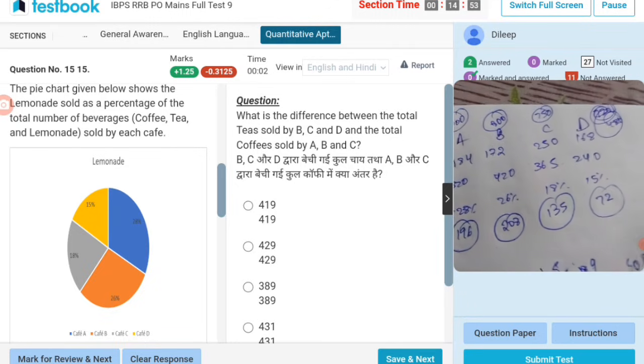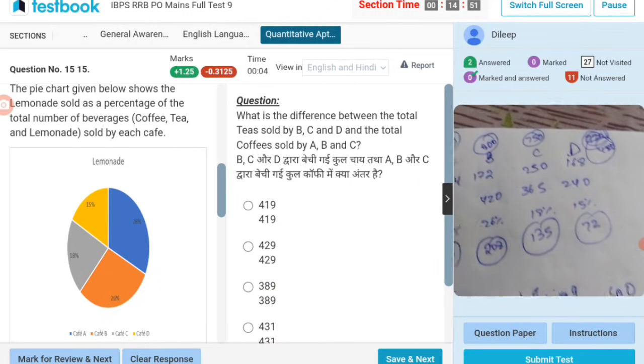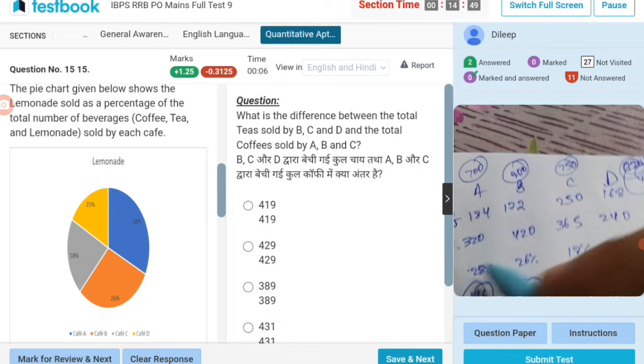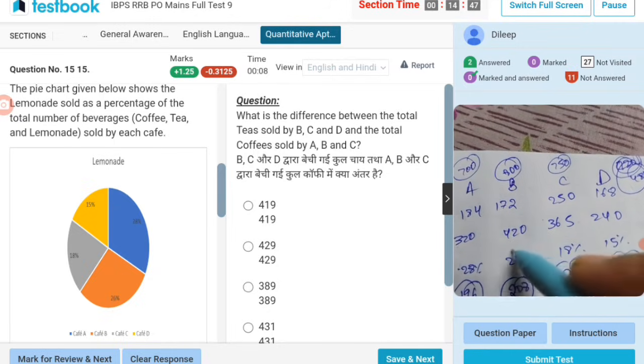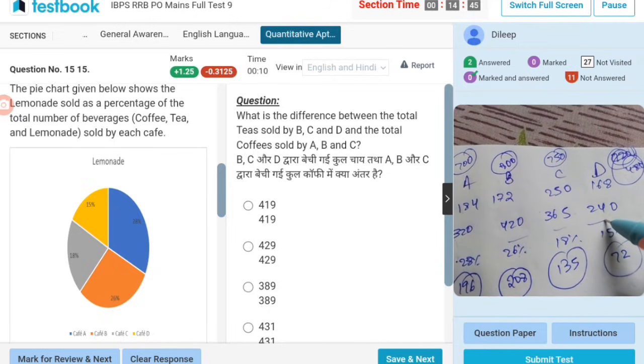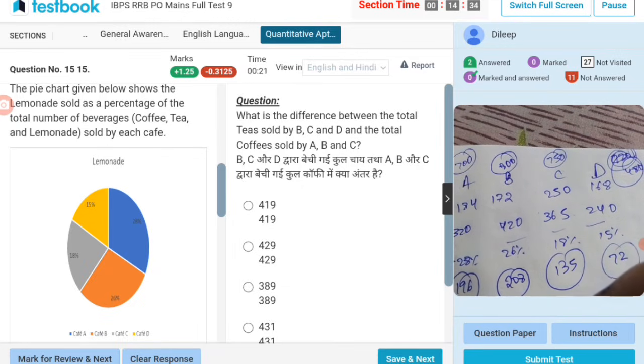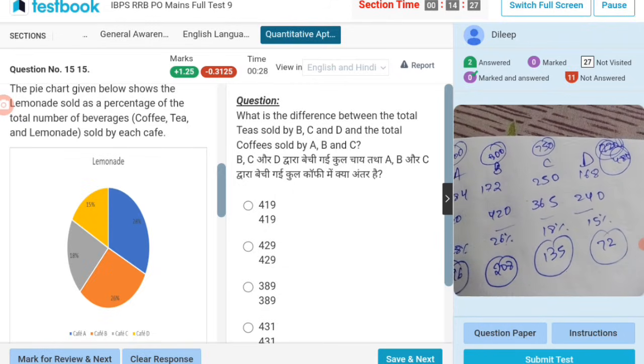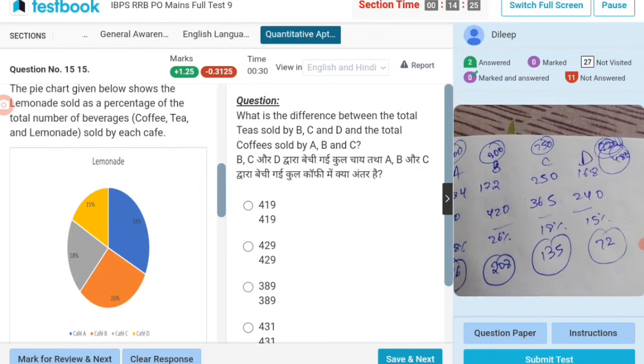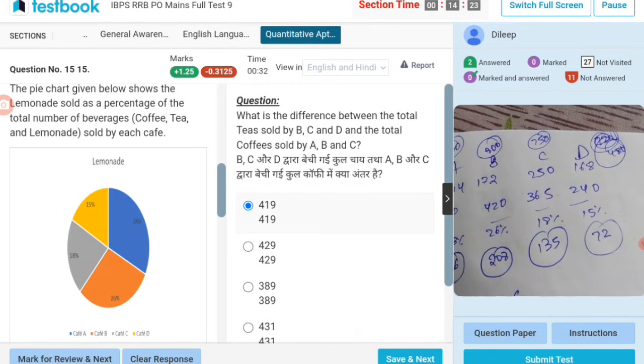So the difference between the total number of tea sold in BCD, coffees ABC. One zero two five. So 419.